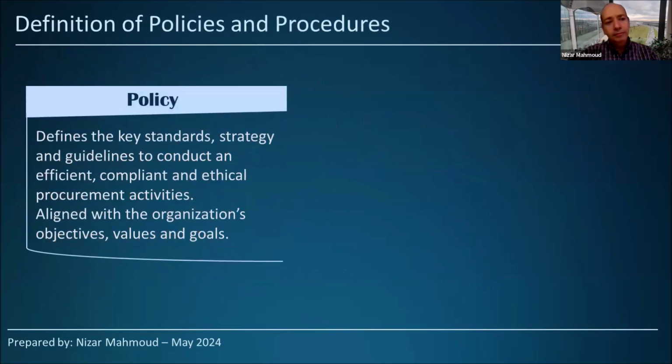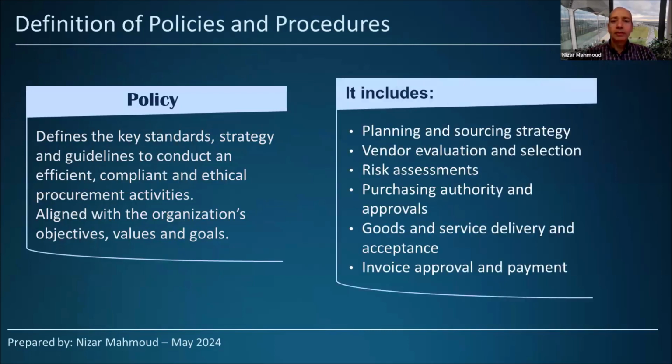Starting with the policy. What is the policy? It's the main topics that define the standards, the strategy, and the guideline to conduct efficient, compliant, and ethical procurement activities. These three are important, and it should be aligned with the organization objectives and values. What does it contain? It's in general, of course, no details.